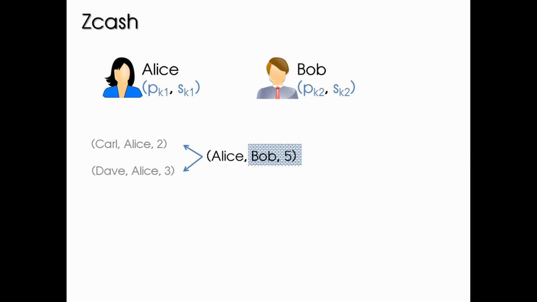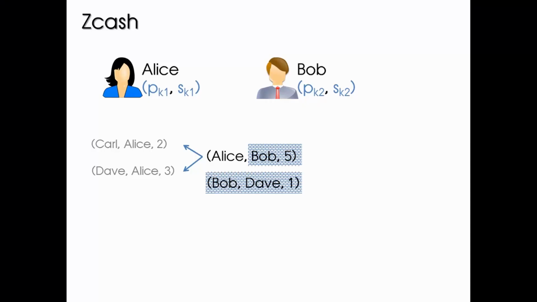The transaction from Alice to Bob is in this case from a transparent address to a shielded address. There are 2 more types of transactions, from a shielded address to a shielded address, and from a shielded address to a transparent address. We will not be talking about all of those. We actually are going to talk just about how money is transferred from Alice to a shielded address, and then from a shielded address to another shielded address.